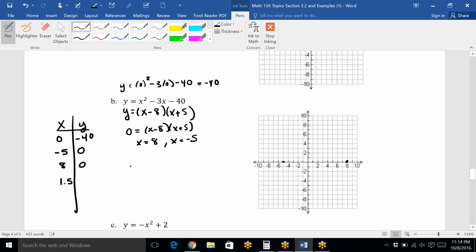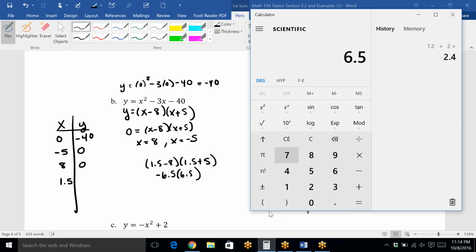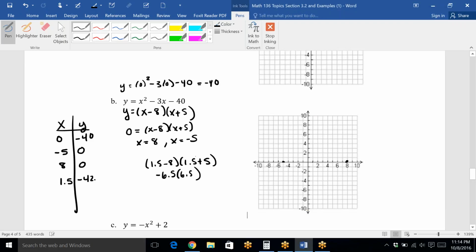So if we do that, let's plug it in right here. 1.5 minus 8, 1.5 plus 5, that would be negative 6.5 times 6.5. So 6.5 squared, but it'll end up being negative, is negative 42.25. That's actually going to be the lowest point of the parabola. So I think we are going to have to change the way we've scaled this.